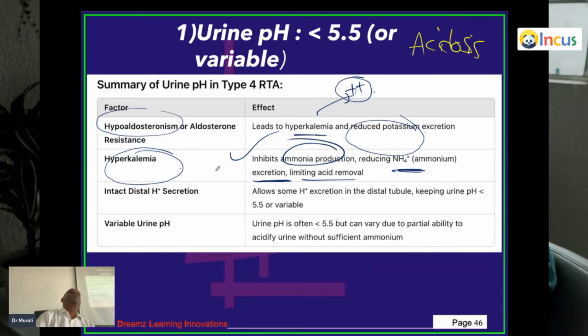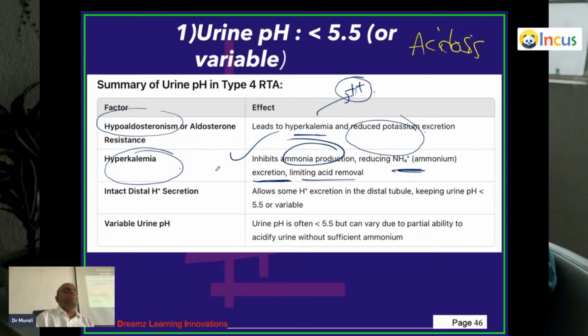But to summarize. Proximal RTA, how is urinary pH? Less than 5.5, because the distal tubule is still working. Distal RTA, how is the urinary pH? Alkaline. And how is the urinary pH in case of type 4 RTA?